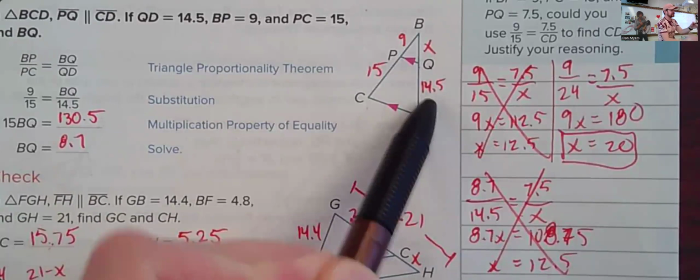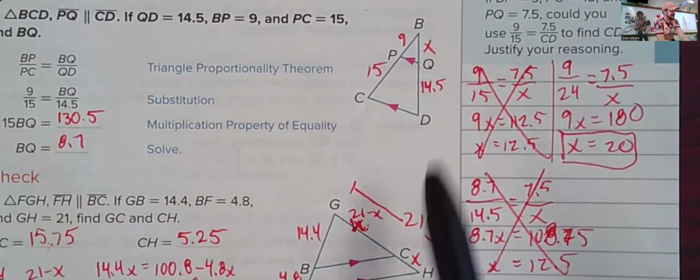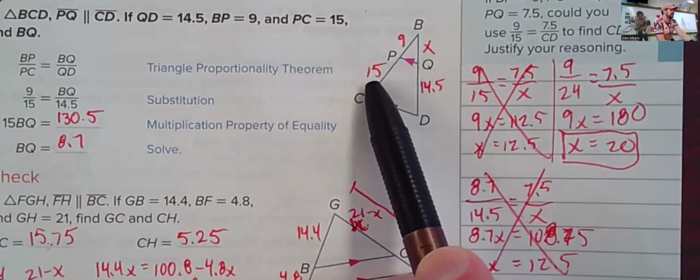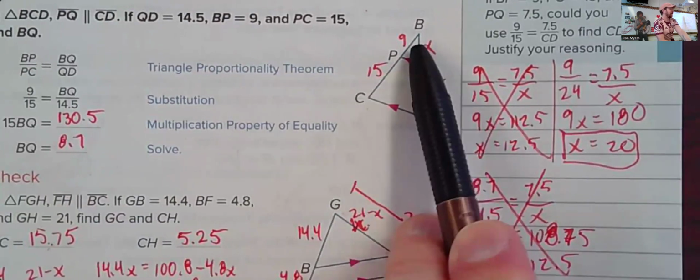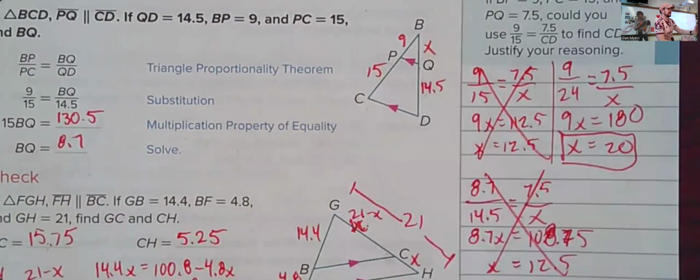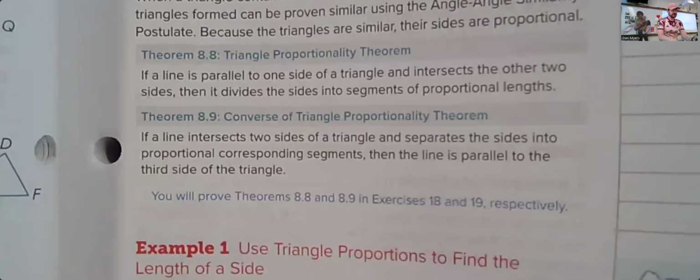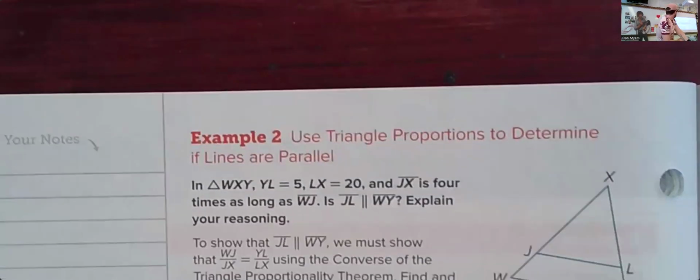You cannot go small triangle to large triangle, because this is not small triangle to large triangle. This is small triangle to part of the large triangle, which is not the same as small triangle to large triangle. So keeping those things separate will be the biggest challenge. Solving the proportions, once you get them set up, is usually the less challenging part.